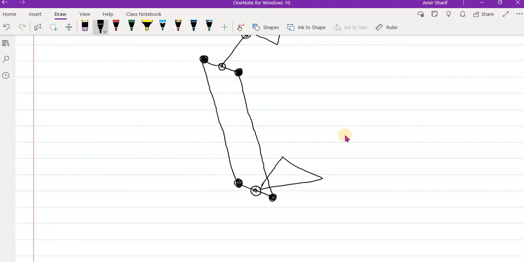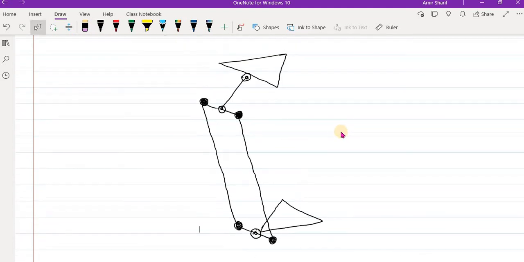And we can repeat this process for other sides also. For example, here also you can do like this: a revolute joint, a spherical joint, and then here we have a revolute joint, a spherical joint here, and then we just connect them.